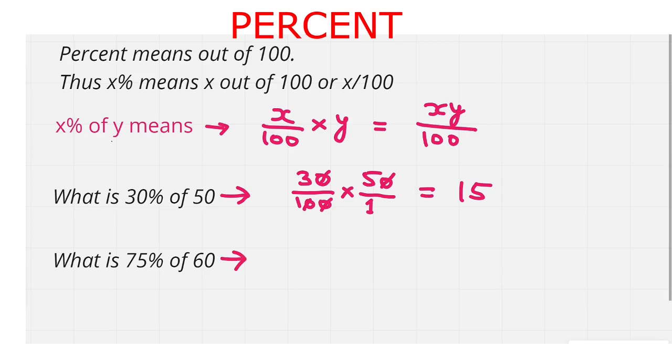We solve one more example. What is 75% of 60? Here in place of x we have 75% and in place of y we have 60.